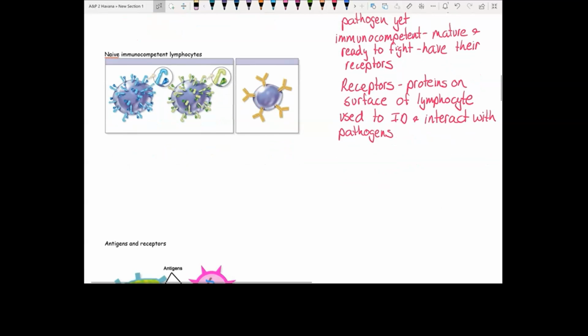And you have several different receptors. And which receptors you have is genetic. You inherit it from your parents. So you inherit several different receptors from your parents.